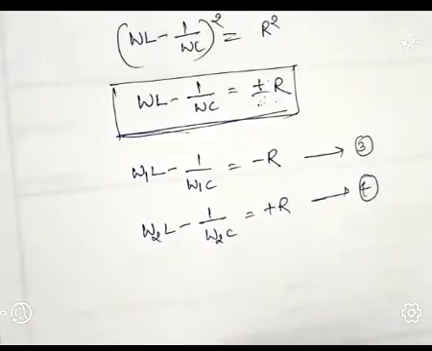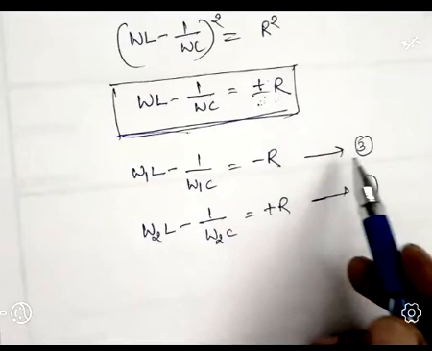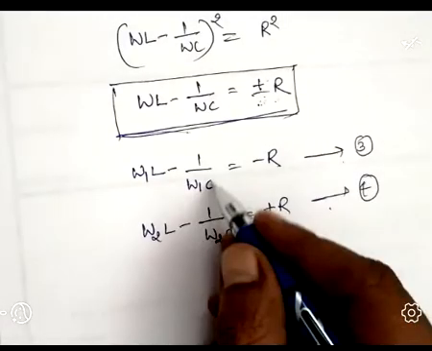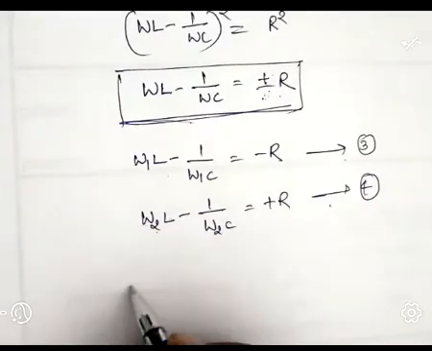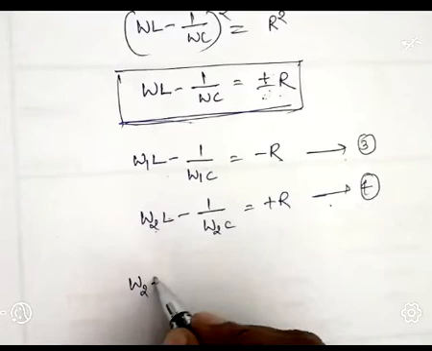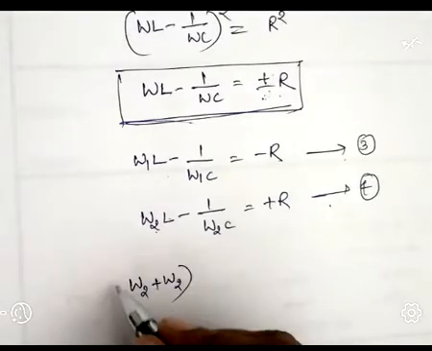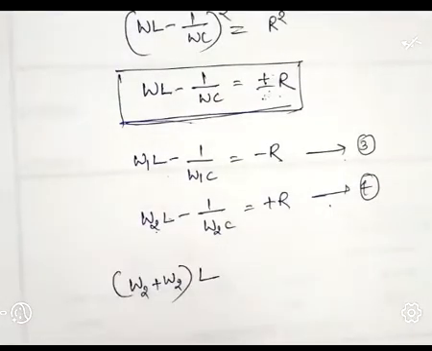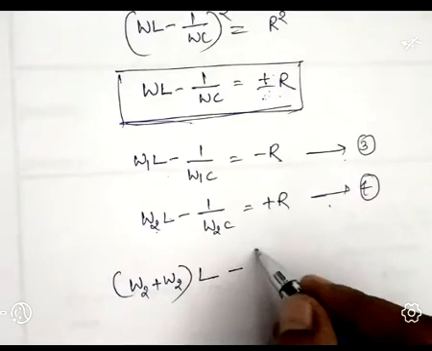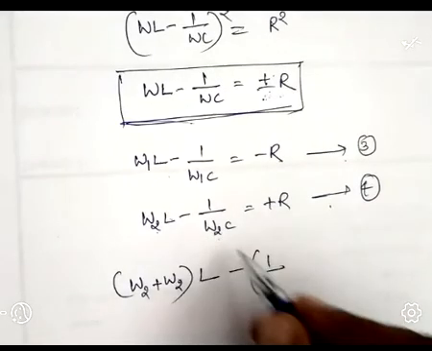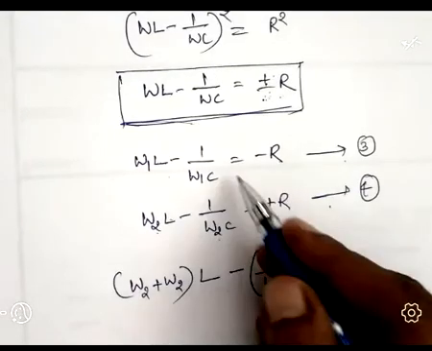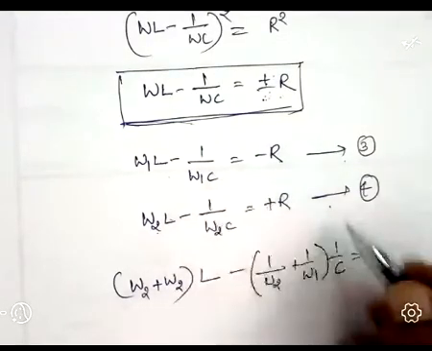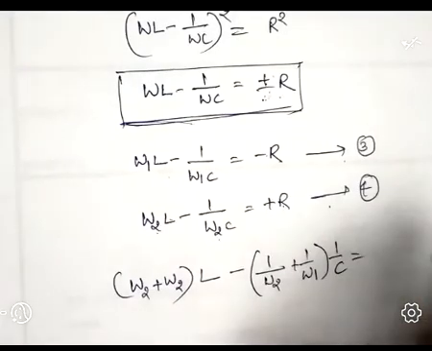Adding equations 3 and 4, omega 2 plus omega 1 into L, minus 1 by omega 2 plus 1 by omega 1 into 1 by C, is equal to minus R plus R. Adding these two things, it becomes 0.